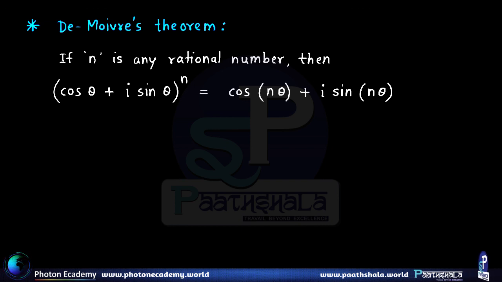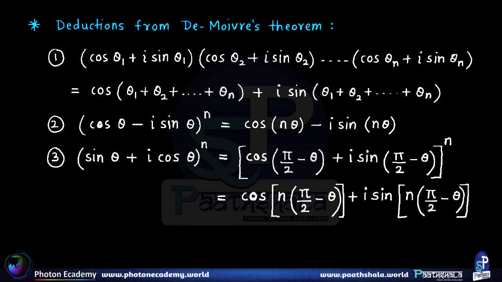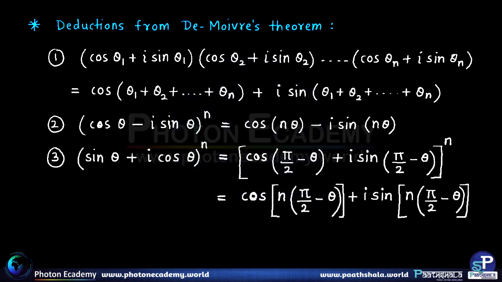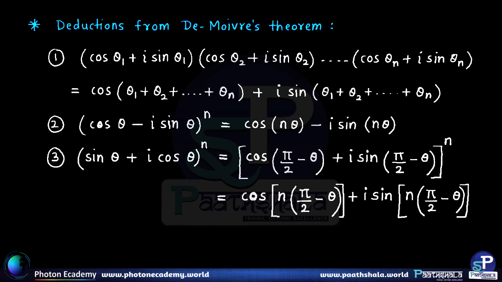And let us now see some deductions or some extensions which follow from the de Moivre's theorem. So here are the extensions. First is, here we have a product of various complex numbers, that is, the first number is having the amplitude as theta 1, so it is cos theta 1 plus i sin theta 1, then multiplied by another number which has theta 2 as its argument, and so on up to theta n.